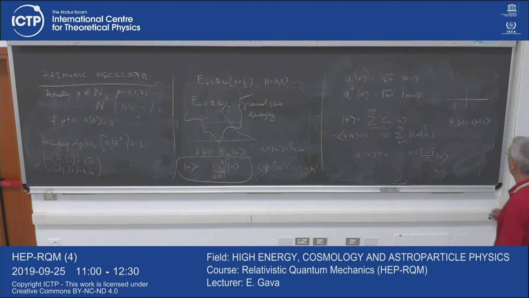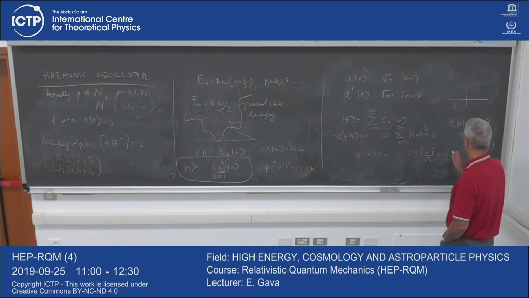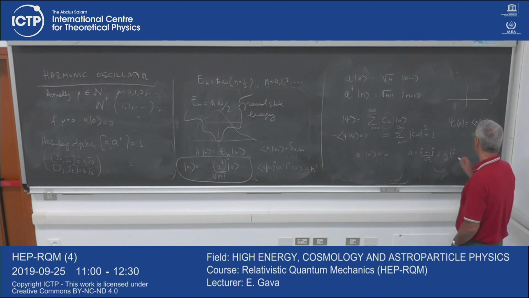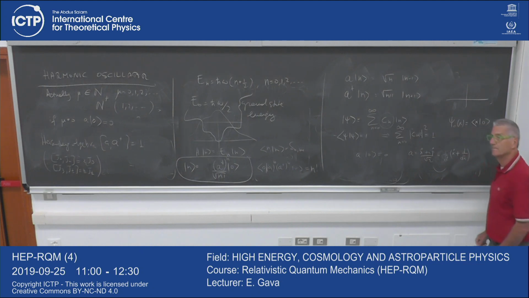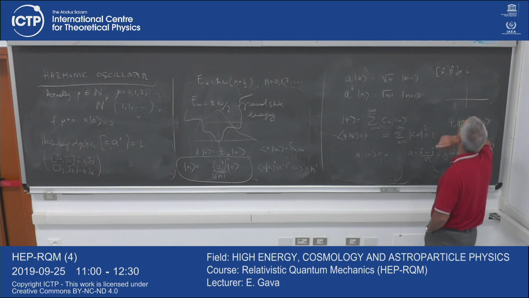So this is 1 over square root of 2, this is X hat, and P is minus i d/dx, no, this is plus d/dx hat.